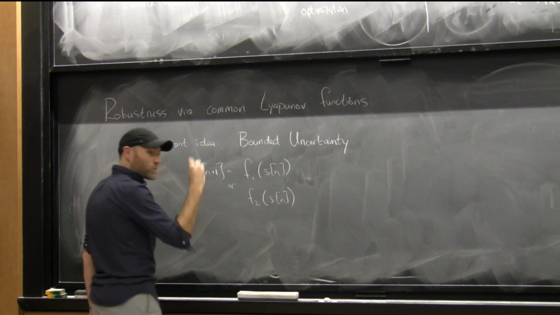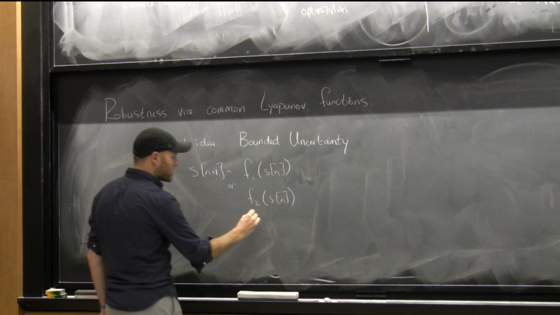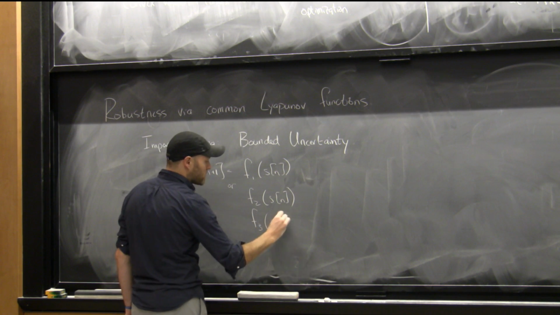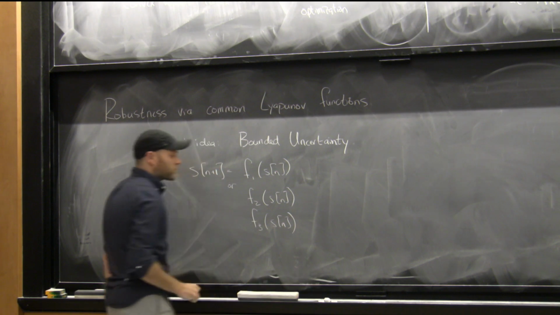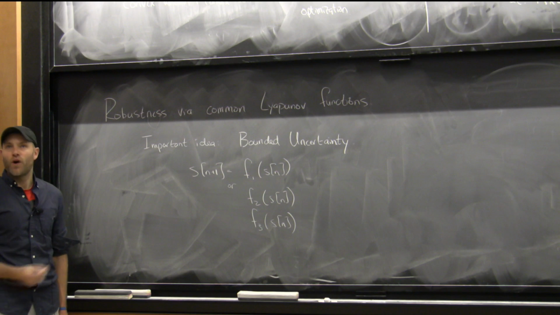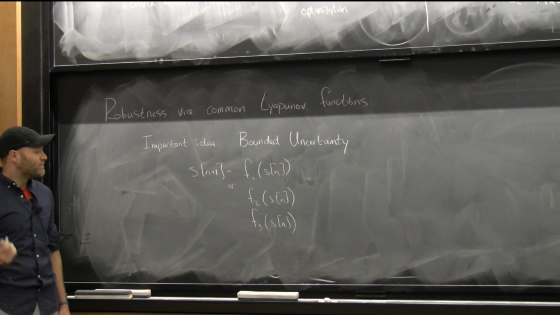If I had a discrete set, maybe it's mass 1, maybe it's mass 1.1, maybe it's mass 2. That's the same discrete approximation of this. So you could call this the multiple worlds view of the world.